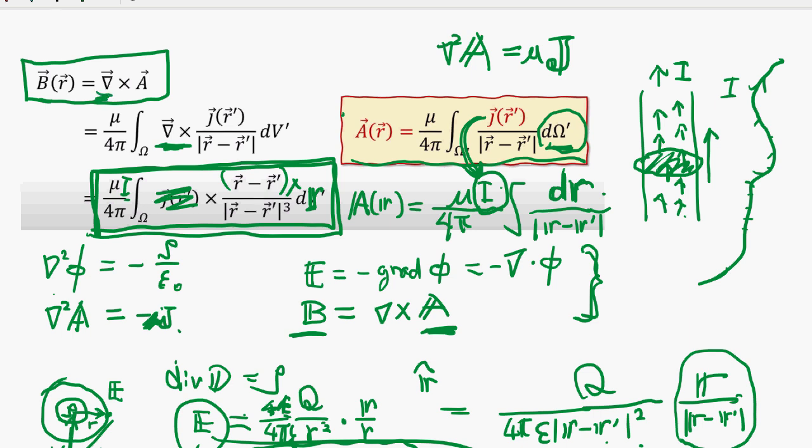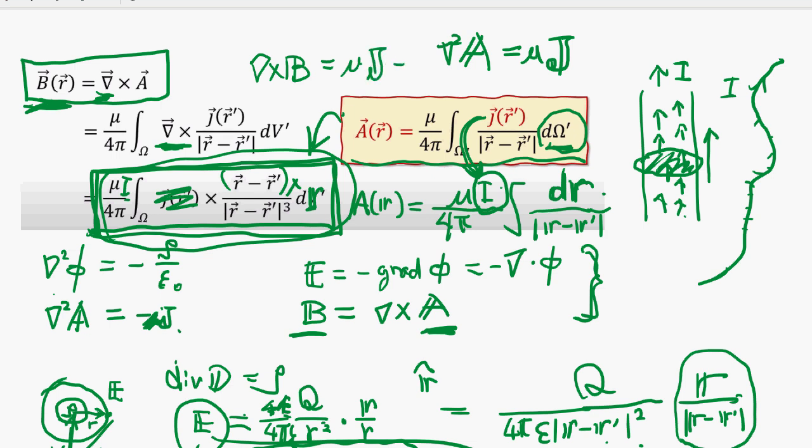The simplest way to get the B is to take the curl and get this one. Okay, so this is the integral form of mu j plus whatever, and this one is eliminated, ignored.